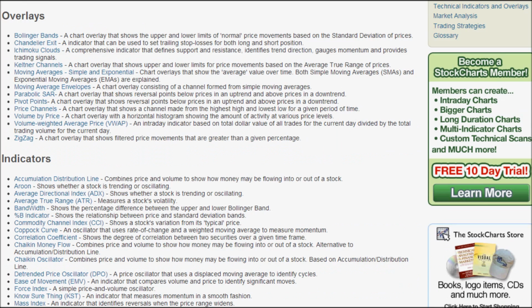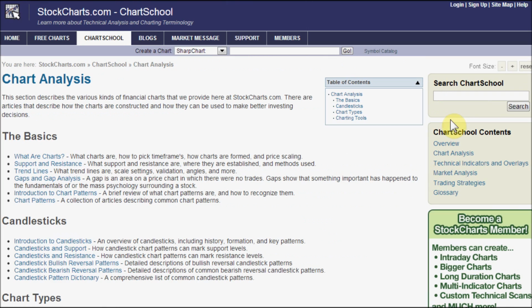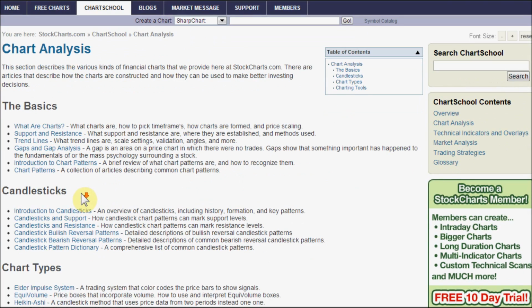Okay, so basically most of this series of lessons will be based on things found on this page, but we will also go to the chart analysis page and talk about things like support and resistance, trend lines, chart patterns, which are very useful. We'll also get into candlestick charts and explain why they are by far superior to any other method of plotting price action.